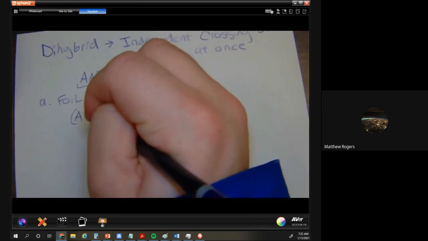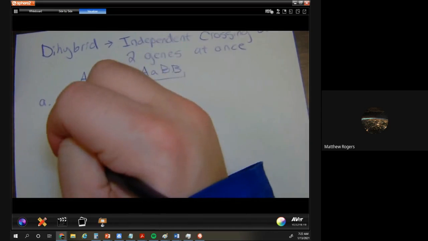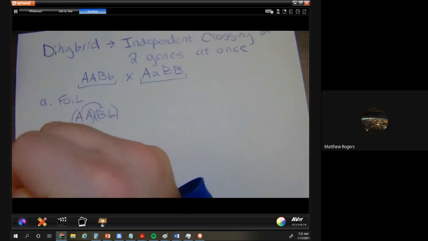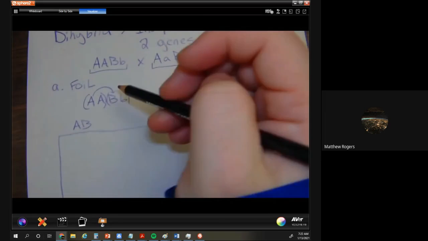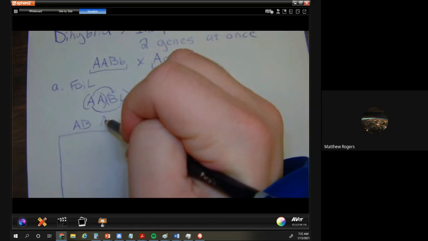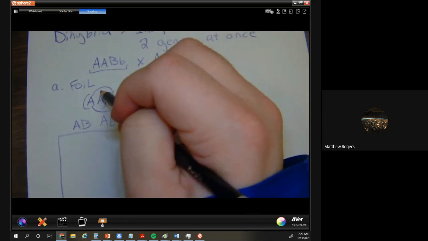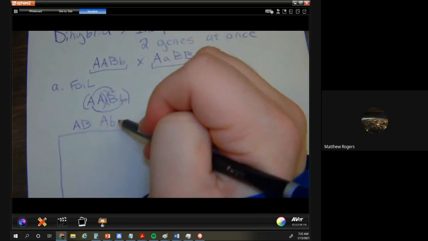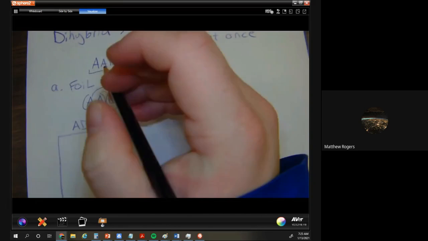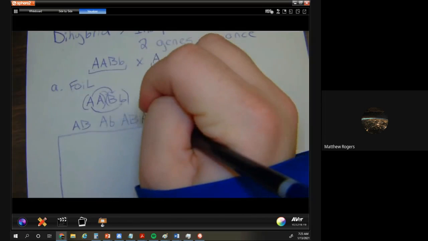So if I put parentheses around these guys, first, I'll have an AB. So this is my Punnett square. I'm going to make a big Punnett square down here. So AB is the first one. Outside, big A, little b. Inside, big A, big B. And last is big A, little b.